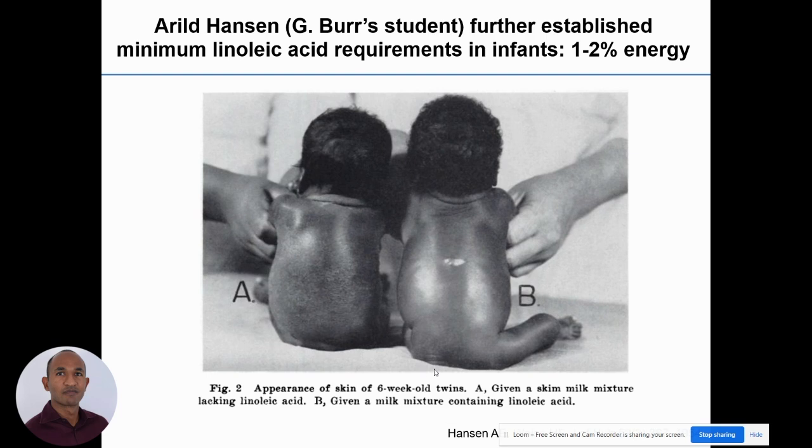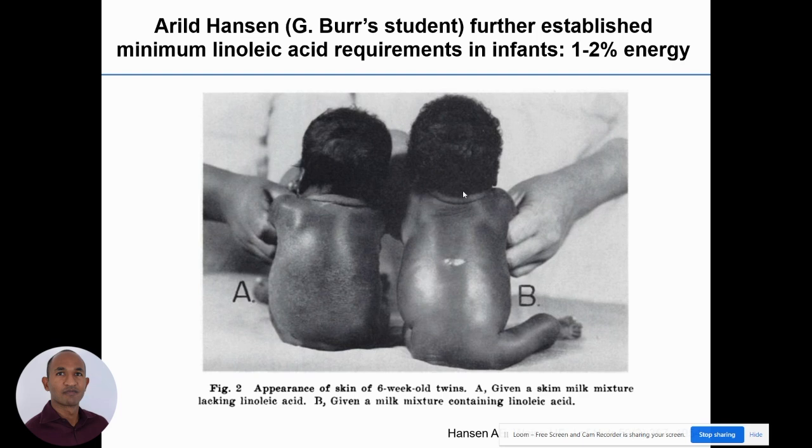The evidence for their essentiality was further established in humans by Arild Hansen, Dr. Burr's student. As you can see in this figure, this child on the left here is actually deficient in LA, and you can see that growth is stunted. Also, unfortunately, the child suffered from skin lesions.